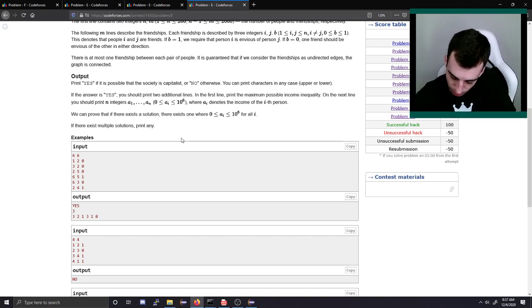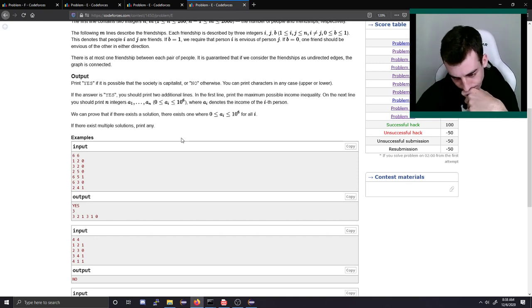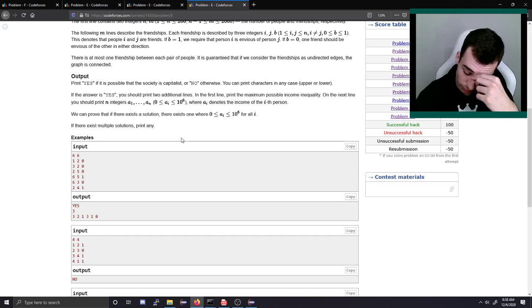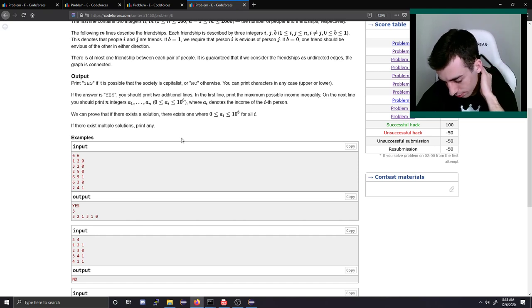Yeah. We want to assign weights so that all the edge paths are decreasing, or I guess increasing paths, yeah. Increasing by 1 even.